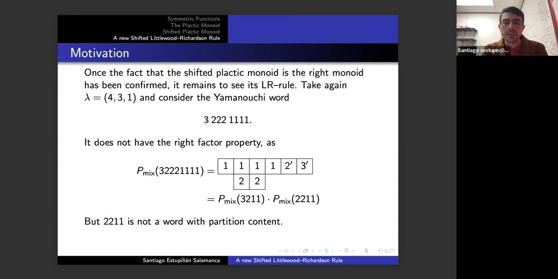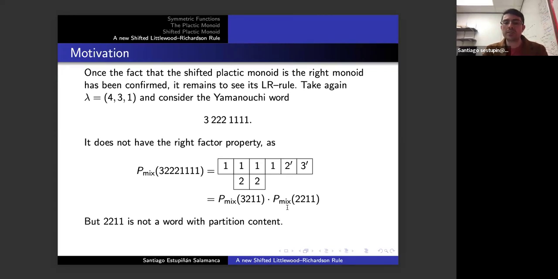However, if you consider this same example that I had on a previous slide, you can show that this tableau that has shape 6-2 can be expressed as the multiplication of 2 smaller tableaux, but the tableau in the second factor, so the insertion of 2, 2, 1, 1, is not a word that has partition content.